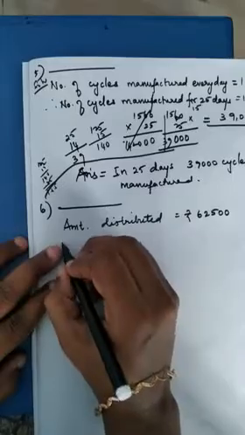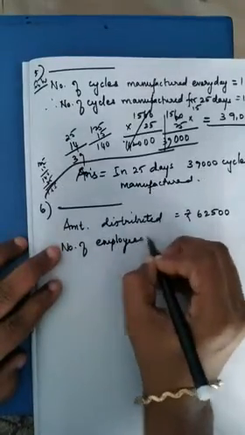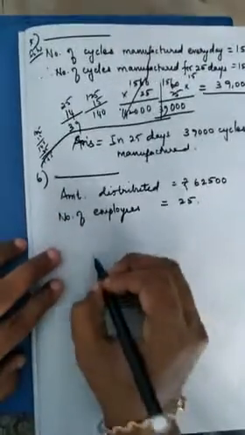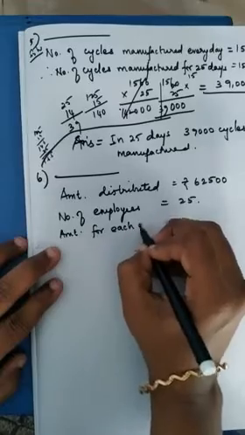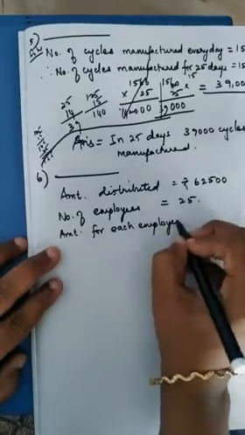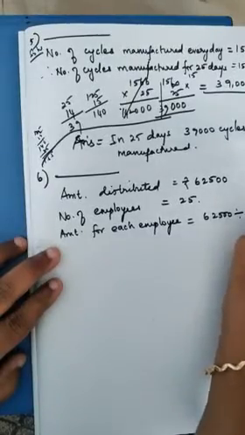The number of employees is equal to 25. Now the amount for each employee will become 62,500 divided by 25.